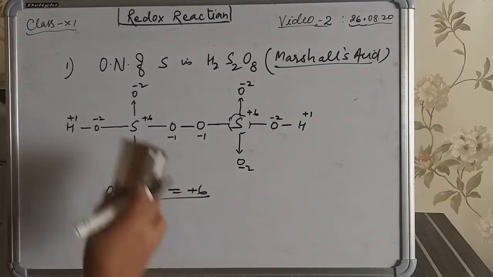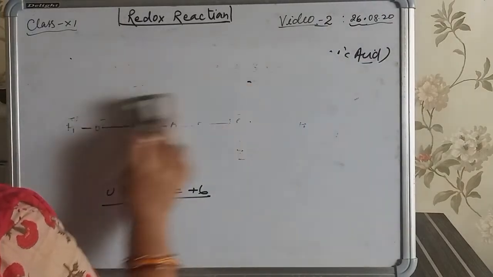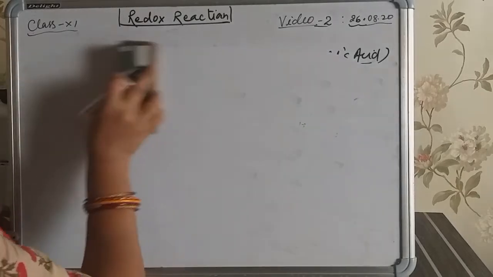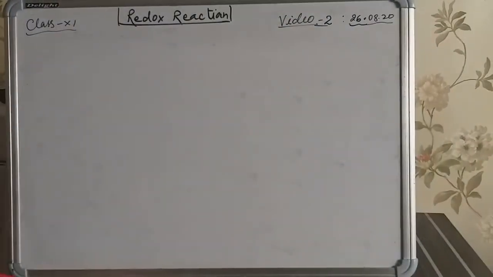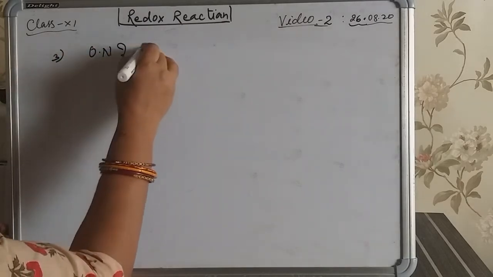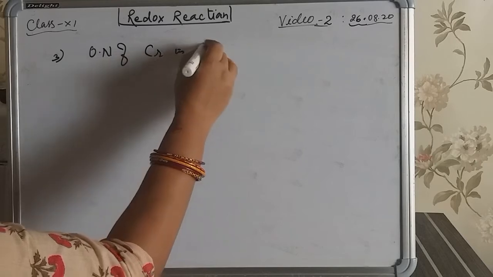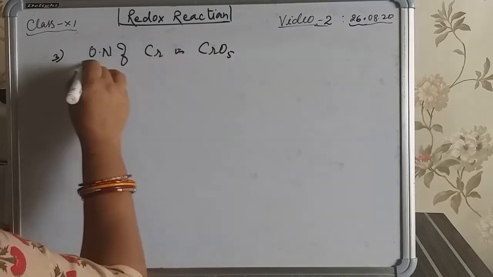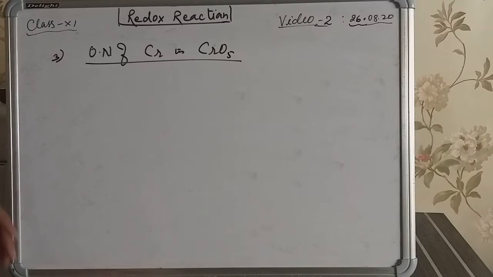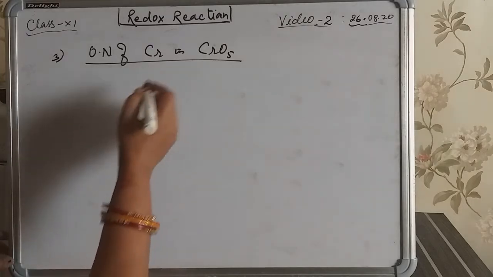The next example we discuss is chromium oxide, which is also known as the butterfly structure. Let's discuss the third example, the oxidation number of chromium in chromium oxide. Very important, this is asked many times.